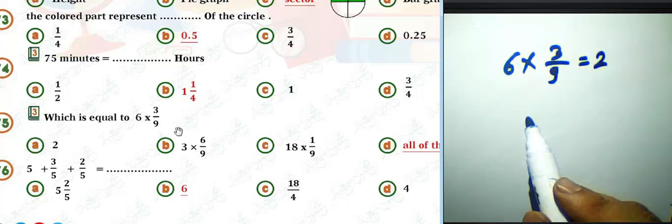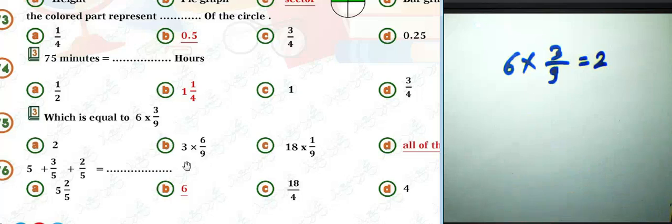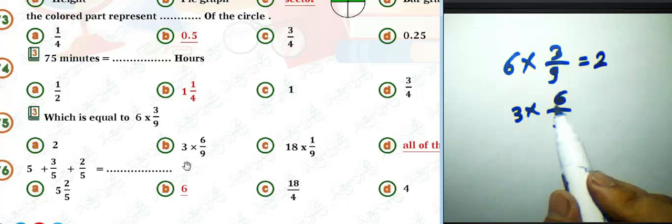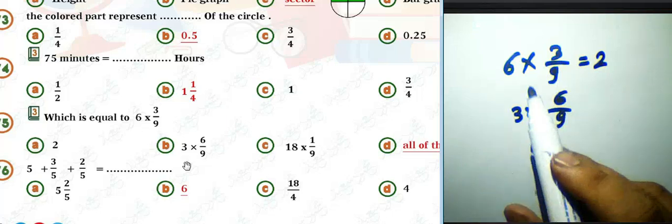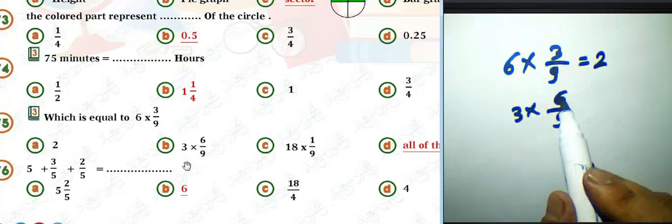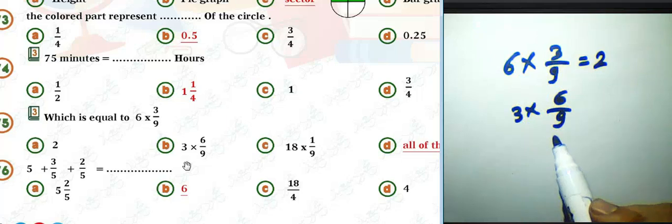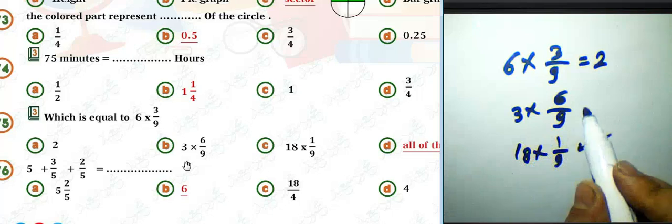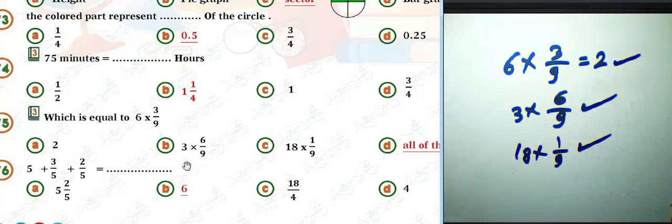Or we can choose what here? He writes 3 multiply by 6 over 9. He replaced this number here. So 6 times 3 over 9 equals 3 multiply 6 over 9. Or we can write 18 multiply 1 over 9. So true, all these numbers show it must be letter D.